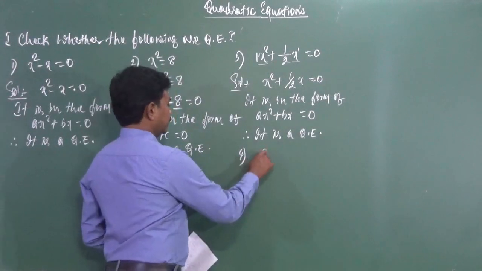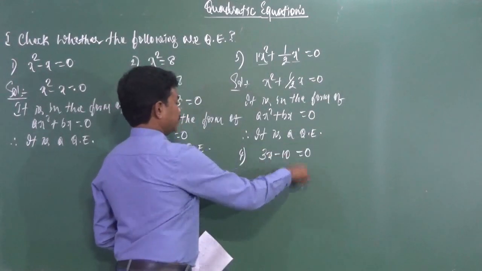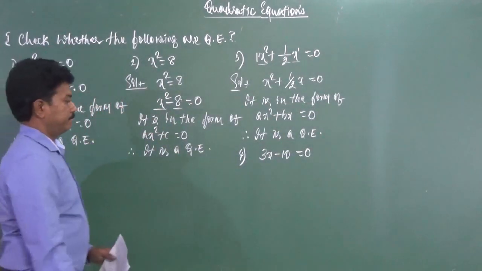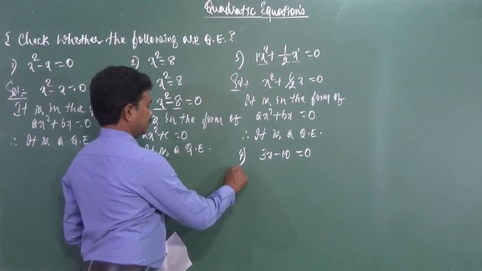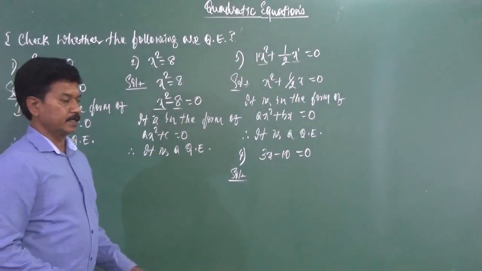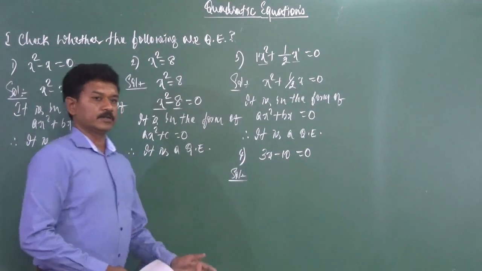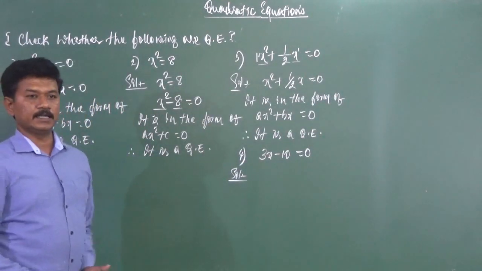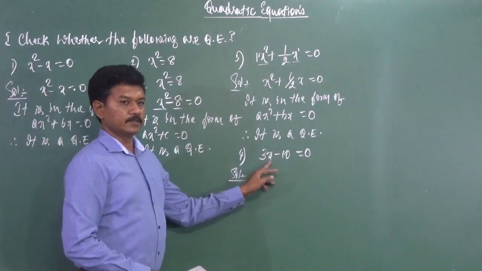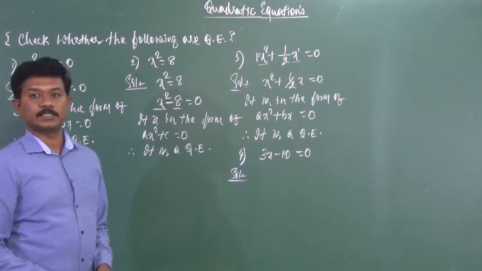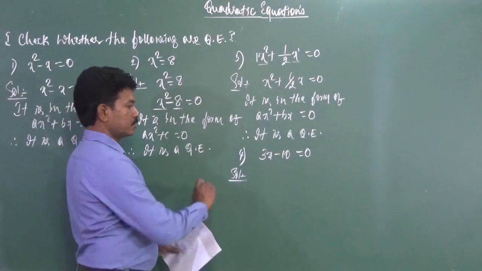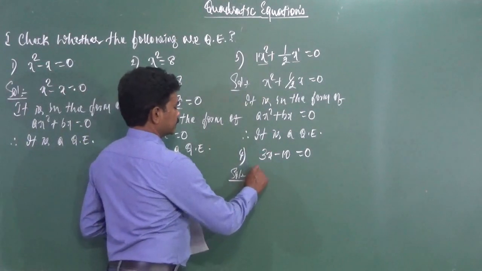Let us get into the fourth problem. 3x minus 10 is equal to 0. Here the variable has degree 1. Such types of equations are called linear equations, so they are not quadratic equations.